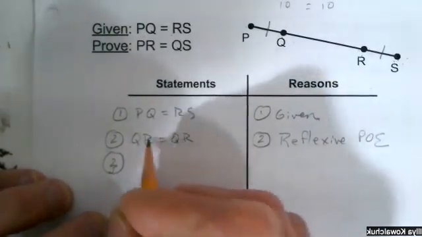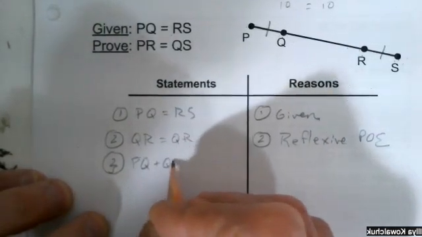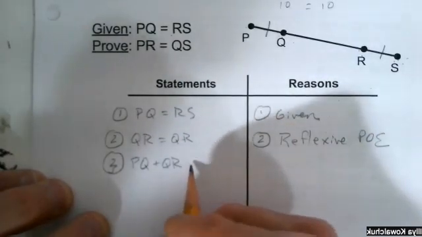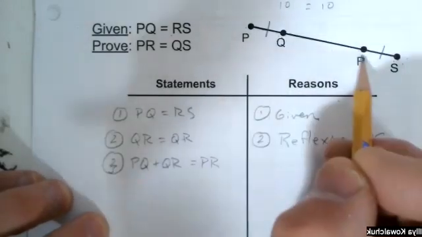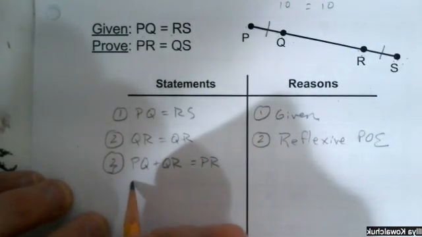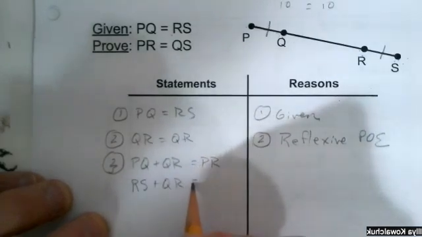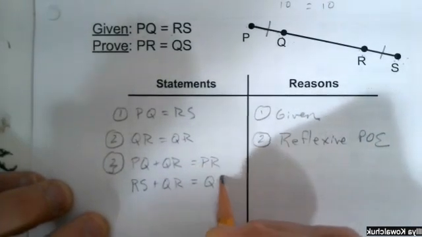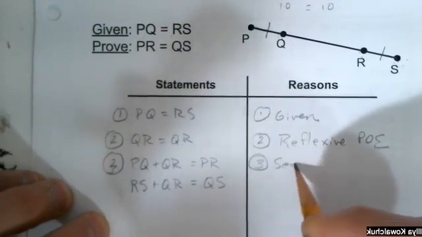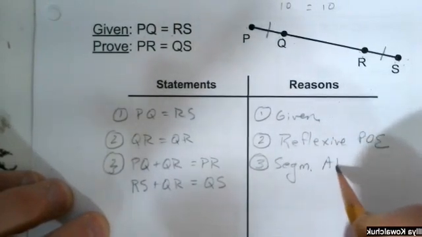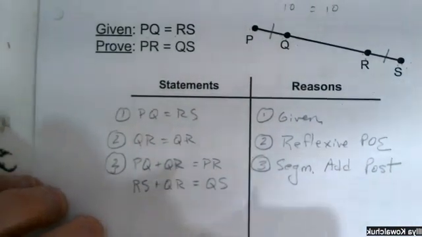Now I can add QR to both of those things. PQ plus QR equals PR, right? PQ plus QR is PR. And I can also say that RS plus QR equals QS. And what is that? That's the segment addition postulate, because we added two pieces of segments together.